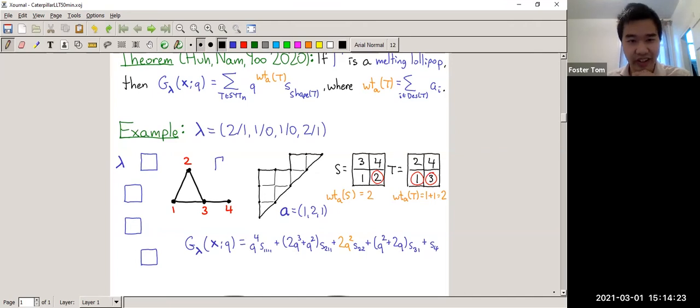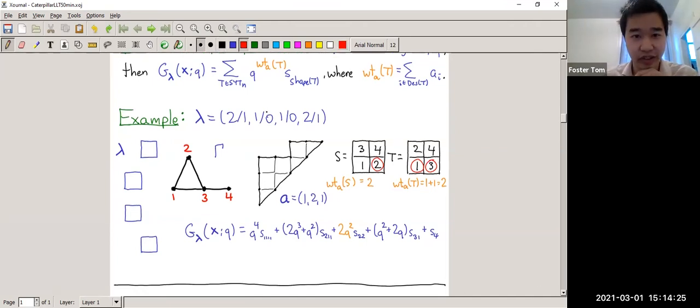I know there's a lot here, but I'll go through it slowly. If I have this tuple of rows on the left, this is unicellular, so every skew diagram is a single box. I'm going to read the entries from bottom to top and from left to right. So this is 1, 2, 3, and 4.